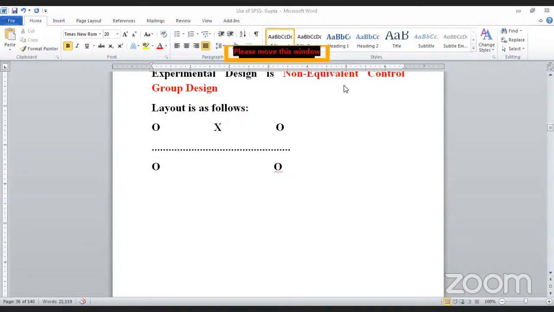And the experiment is something like this, because it is an experimental study, here the dependent variable is creativity in the example which I am taking.